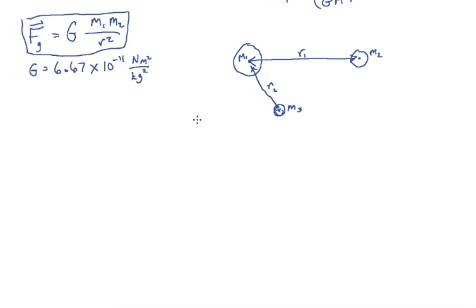You have to then add them up. The force of gravity is always attractive. We've not found a repulsive force of gravity. There seems to be a little bit of evidence now.